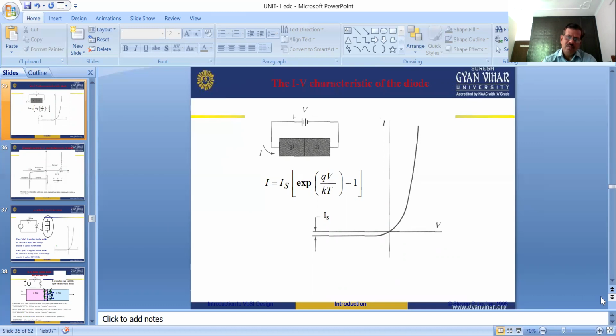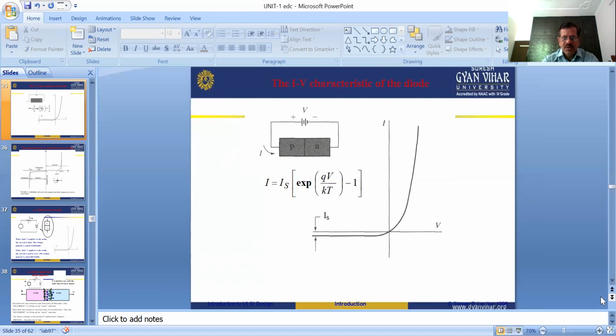So what is forward biasing and what is reverse biasing? In forward biasing, the positive terminal of the diode is connected to the positive terminal of the external battery, and the negative terminal of the diode is connected to the negative terminal of the external battery.